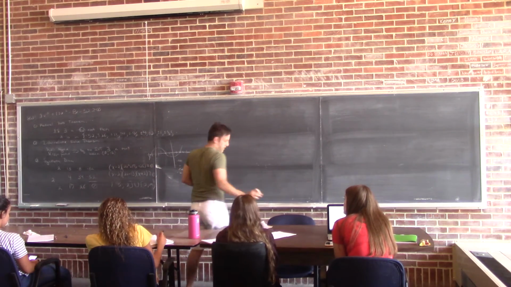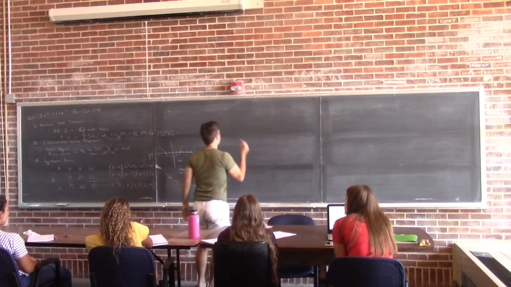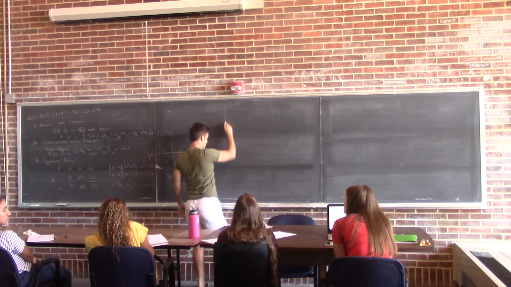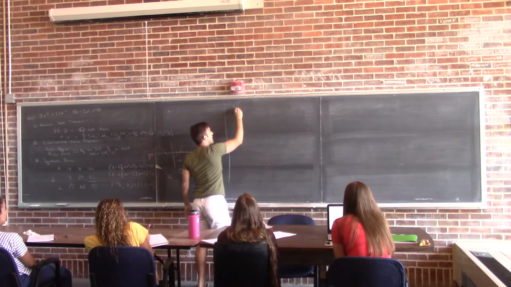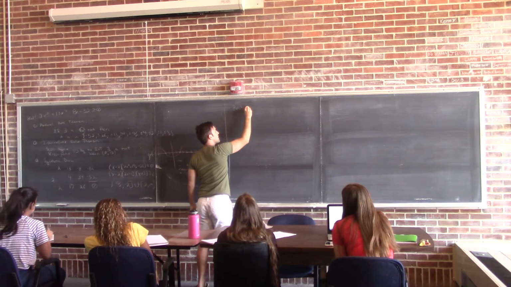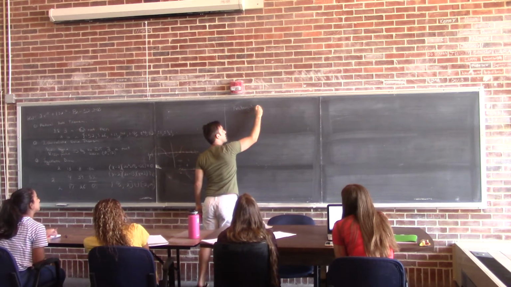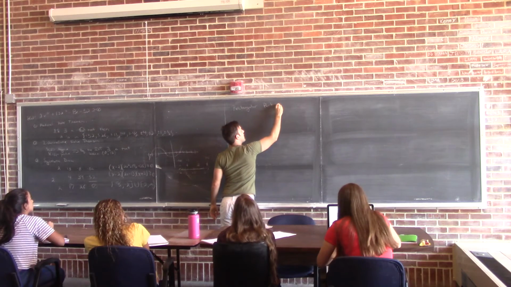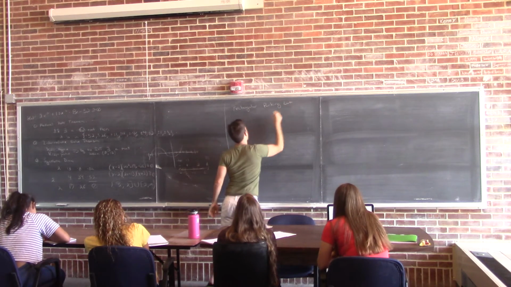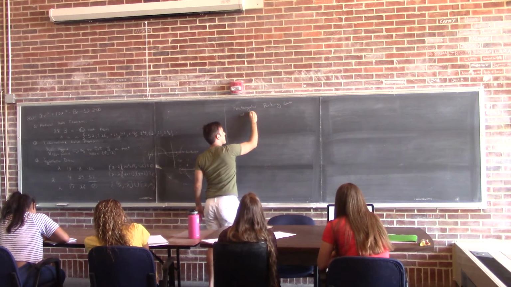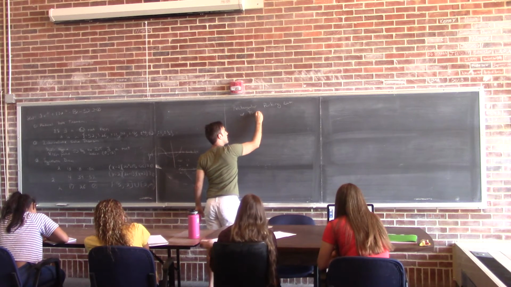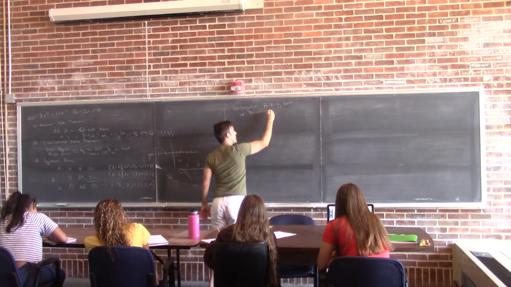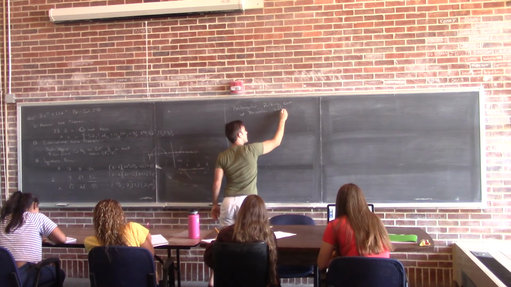And then another one that I was asked about: there's a rectangular parking lot with perimeter 440 feet.